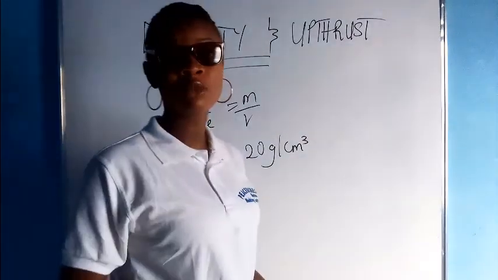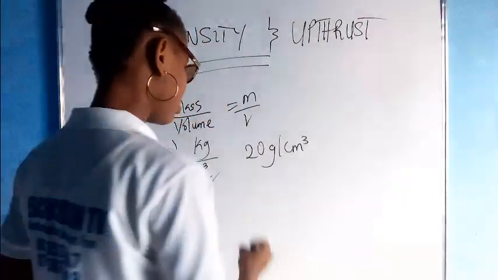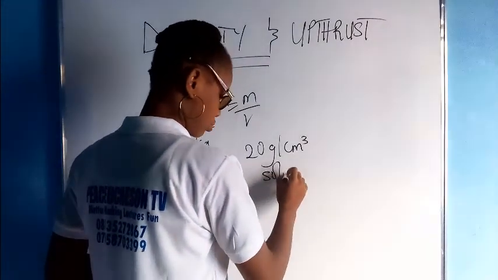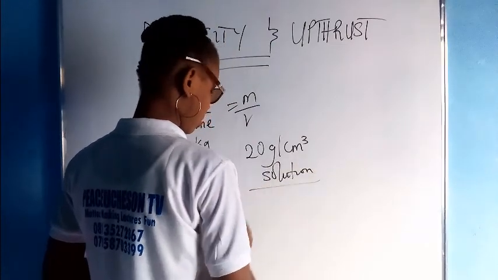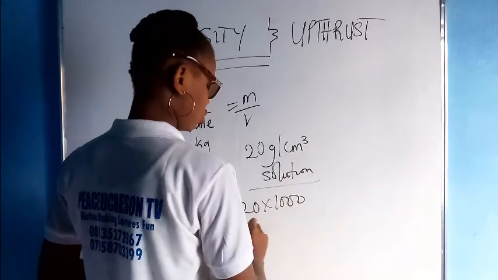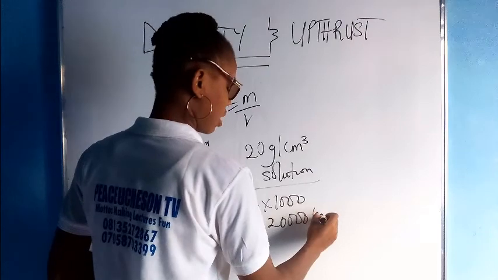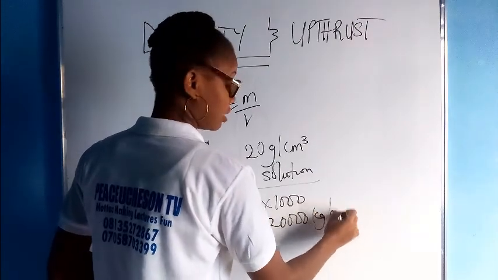All I need to do is to multiply it by 1000 and I'll have my answer. So I would say 20 times 1000 equals 20,000 kilogram per meter cube.